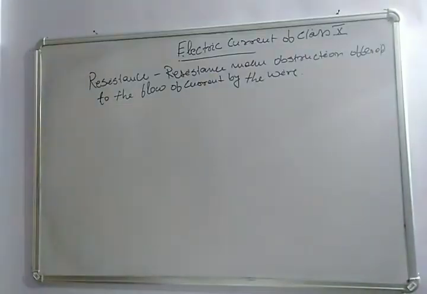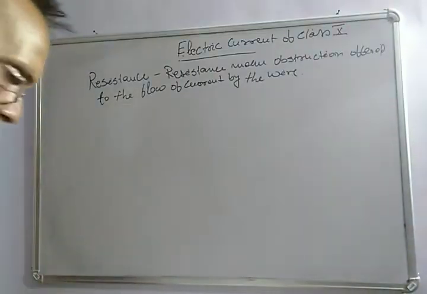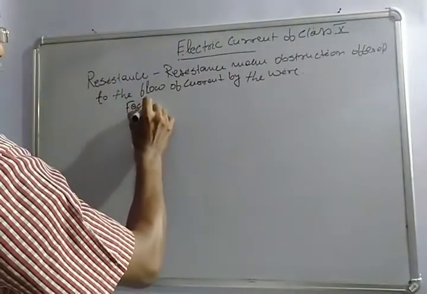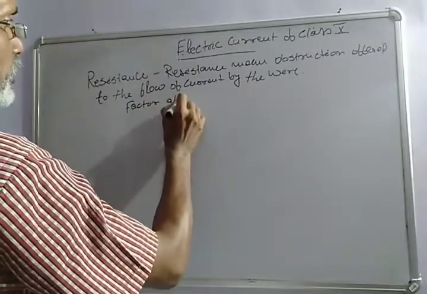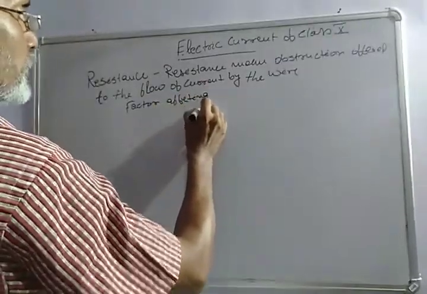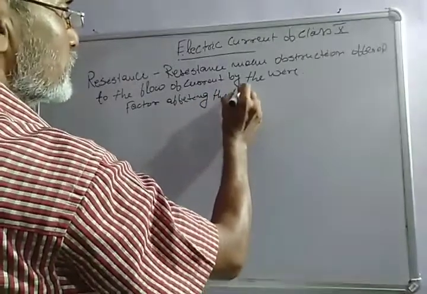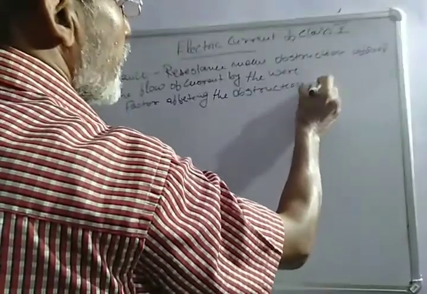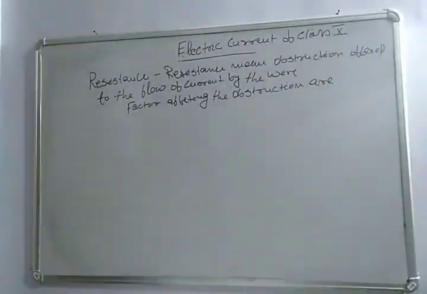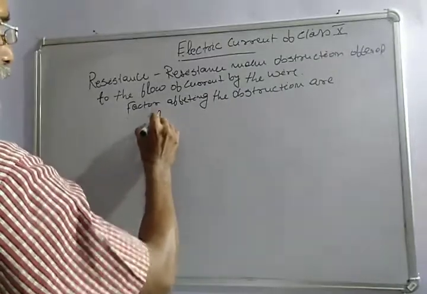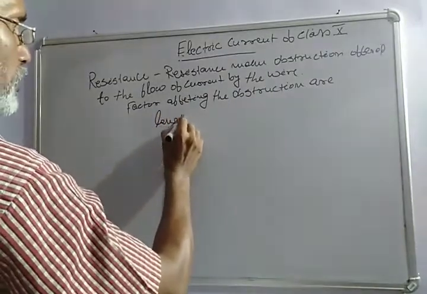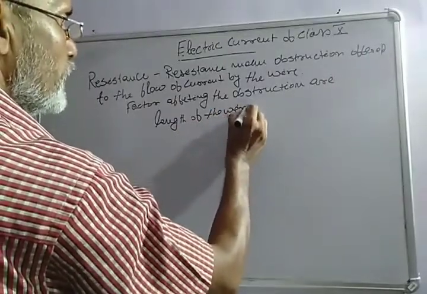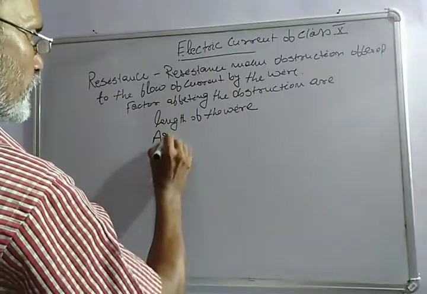The factors affecting the obstruction are the length of the wire and the area of cross section of the wire.